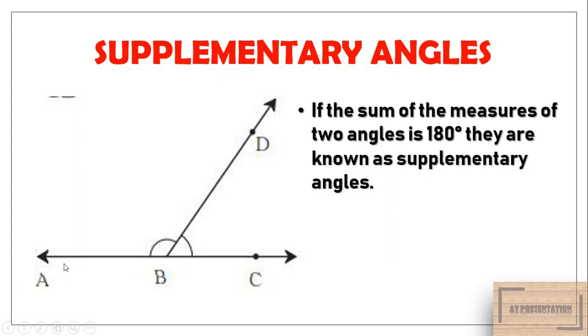We know the straight angle measure is 180 degrees. Angle ABC is a straight angle, but within that angle is included the arm BD. So angle ABD and angle DBC are both mutually supplementary angles.